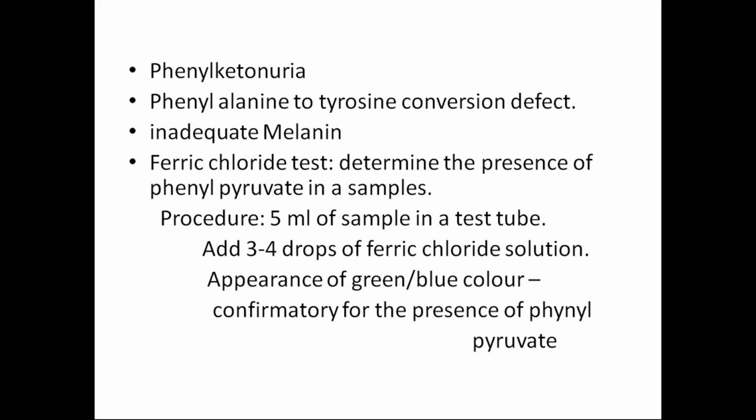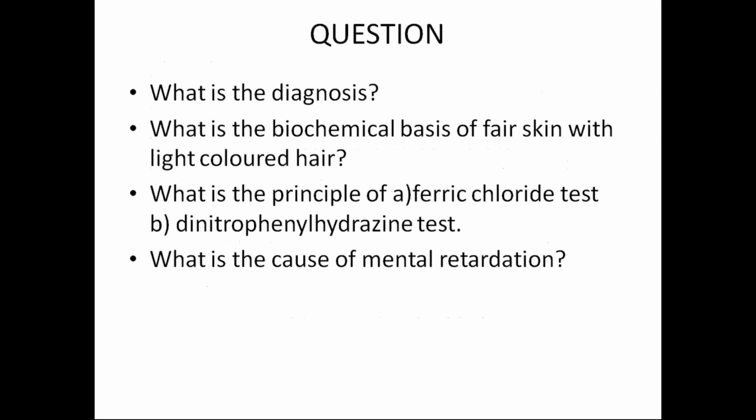So this child is having phenylketonuria. It is a disorder which affects the conversion of phenylalanine to tyrosine. So what is the second question? The second question is, what is the biochemical basis of the fair skin with the light hair color, right?